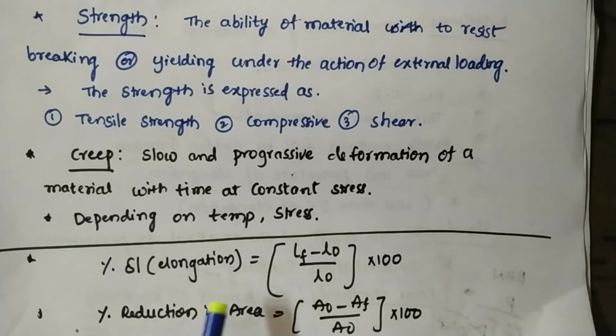They are the two parameters to measure the ductility of a metal. More than 5% elongation, the fracture is said to be ductile. Less than 5% elongation, it is a brittle material.